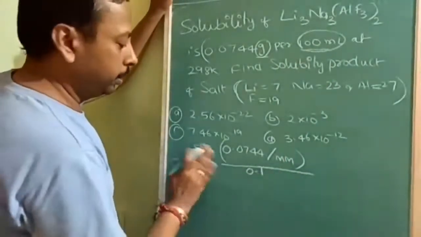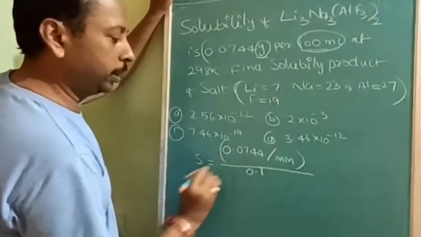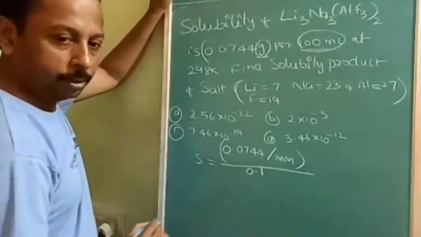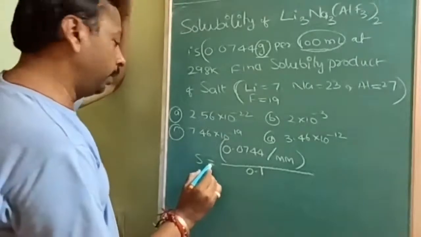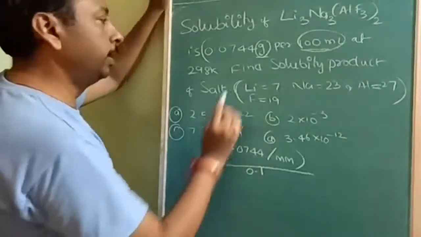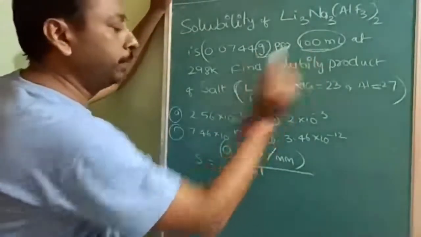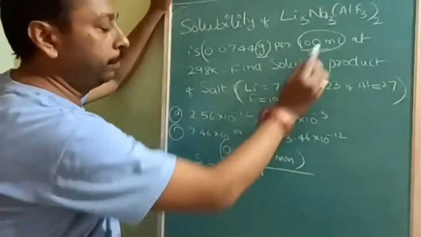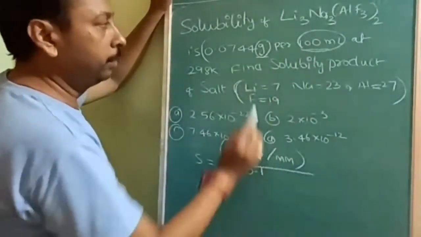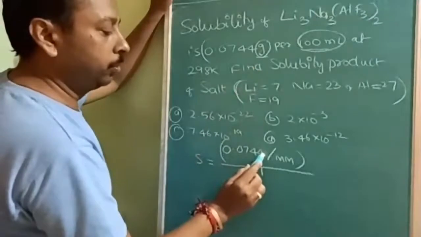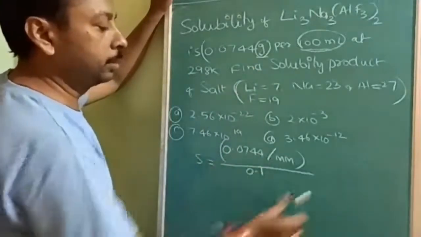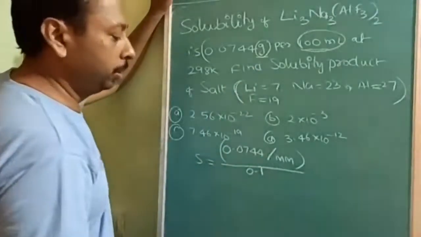Then you will get s. First step, is it understood? First, calculate solubility. Always solubility must be molarity, mole per liter. For converting milliliter into liter, 0.1. For converting gram into mole, mass upon molecular mass. Is that clear to all of you?